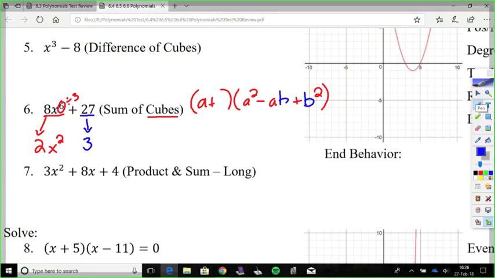I just want to clean this up and make it look kind of colorful. All right, so I see A, so I'm going to put 2x squared here. And then I see B, so I'm going to put plus 3. And then for the second group, I have A squared. So in this case, I'm going to have 2x squared, squared, right?